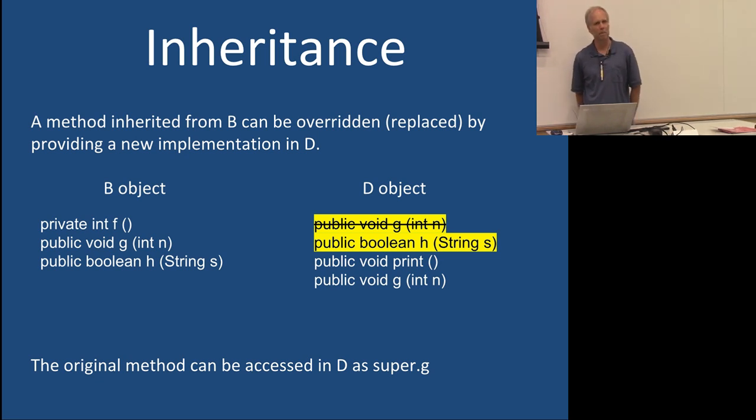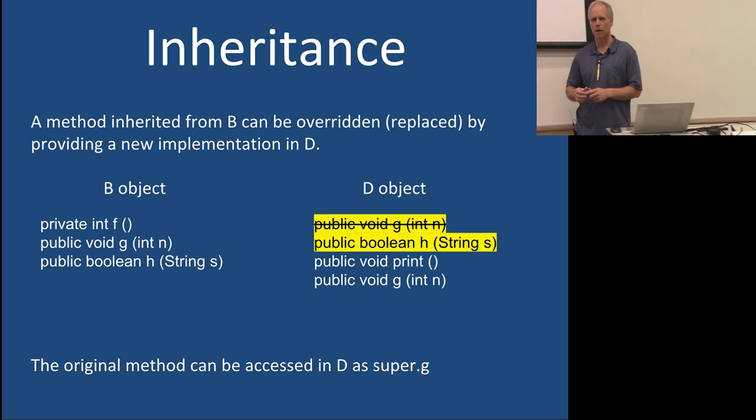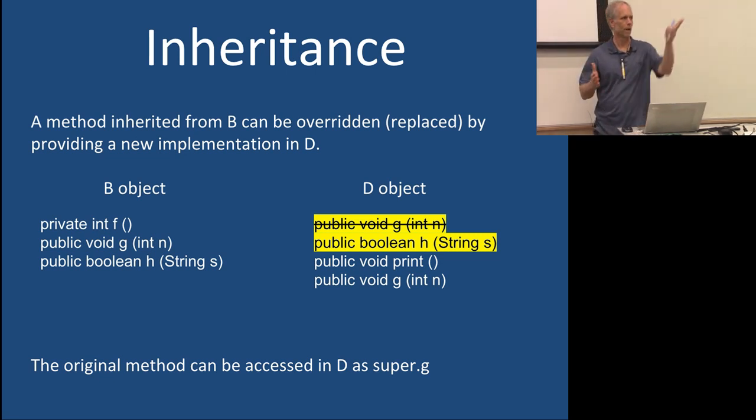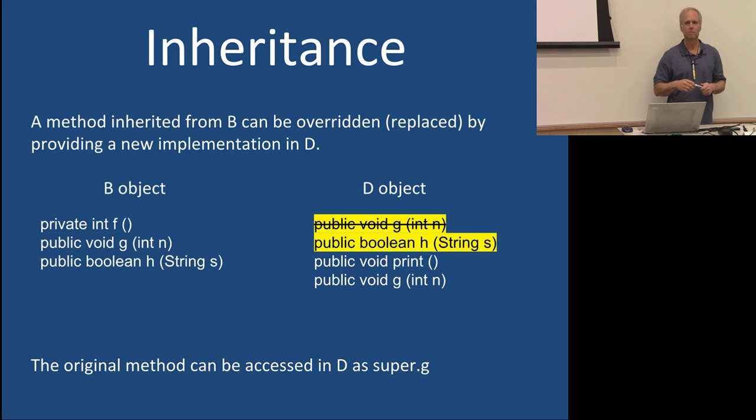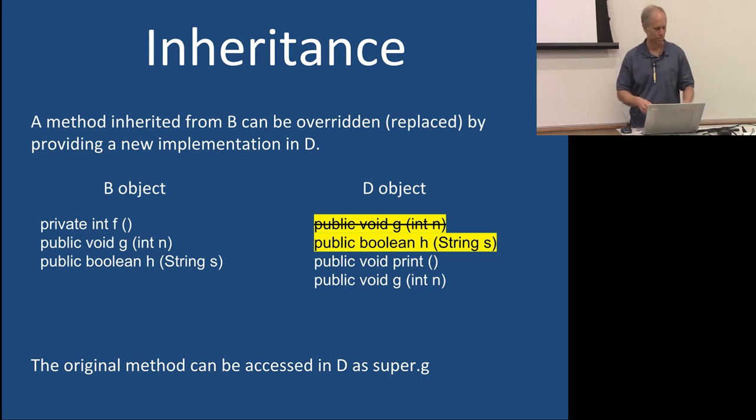And who knows what the equals method does by default? Doesn't it compare the references? It compares the references. It does reference equality. If you want it to do something more interesting, you can override equals. We've never done that, but you can.